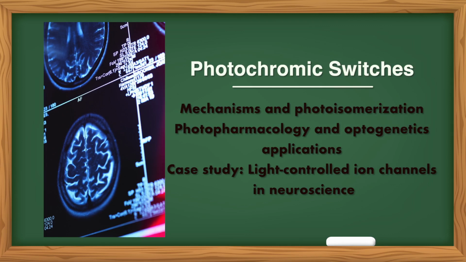Azobenzene, spiropyrans, diarylethenes and fulgides are well-known photochromic molecules. Now, azobenzene. Azobenzene switches between trans and cis isomers upon exposure to UV or visible light. This property has applications in nanotechnology, drug delivery and optical devices.